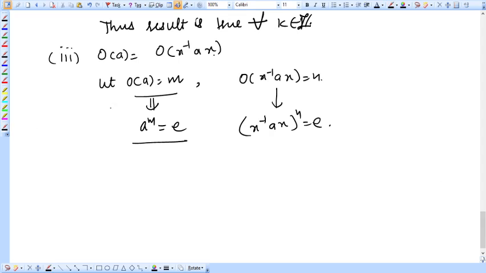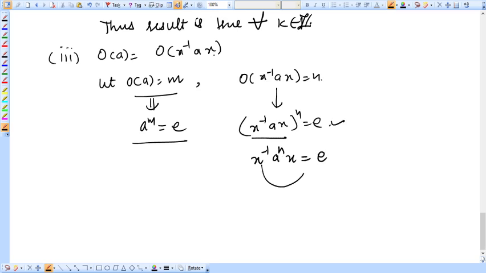Using the result 2 here, we get x inverse a into x raised to power n can be written equal to x inverse a power n x, so it is equal to e, right?